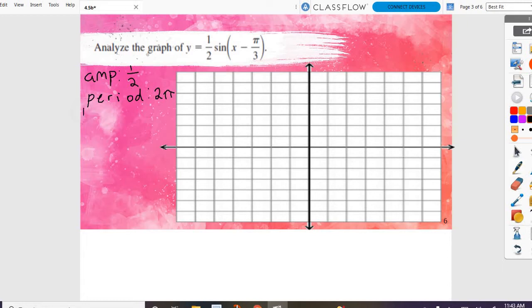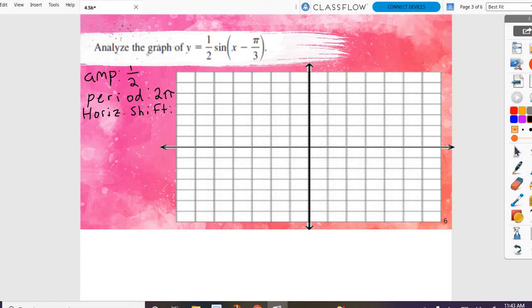Alright, and so next we want to look at the horizontal shift. Now, the easiest way to look at that, shifting left or right, is based off the stuff on the inside, yes?